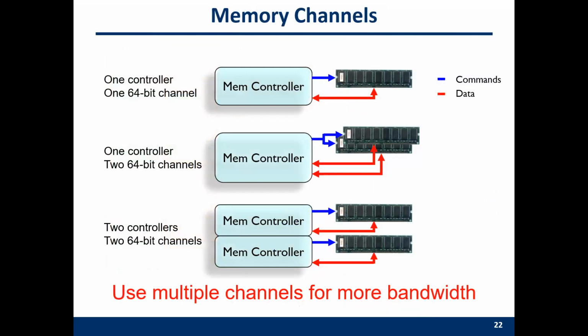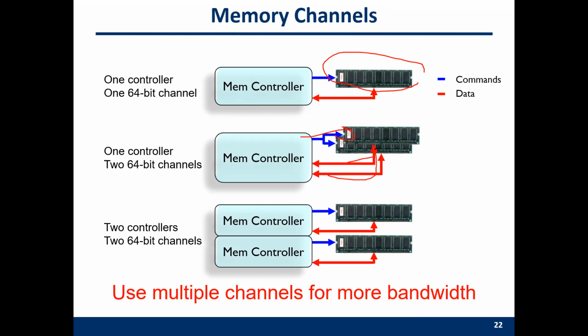We also have so-called channels. You can consider a channel as a memory controller. Either there is only a single channel, where one memory controller controls one DIMM, or one memory controller can control two DIMMs. They share the same command bus, but have different data buses.